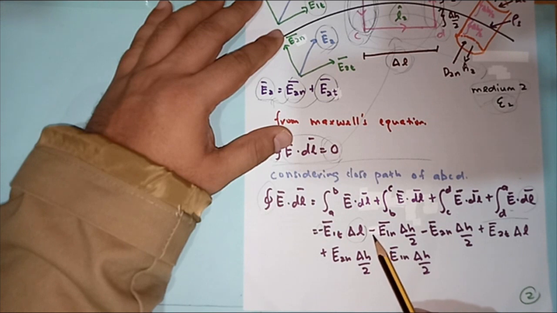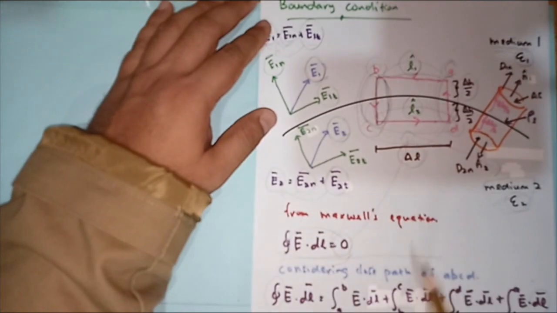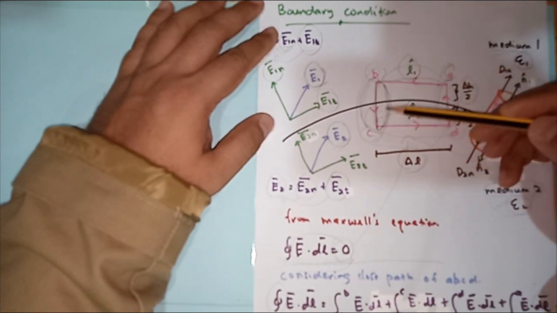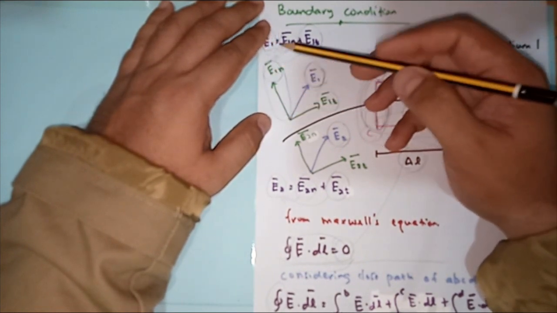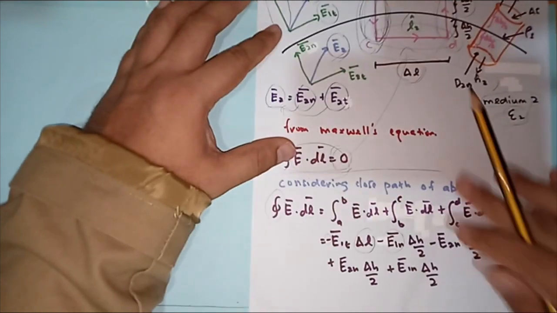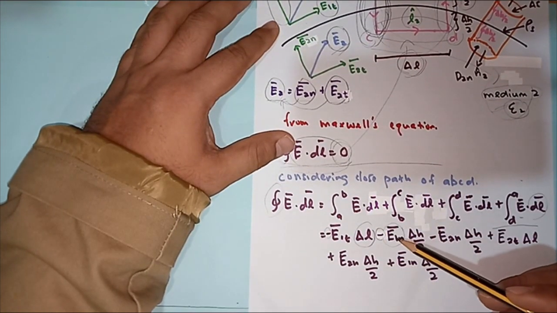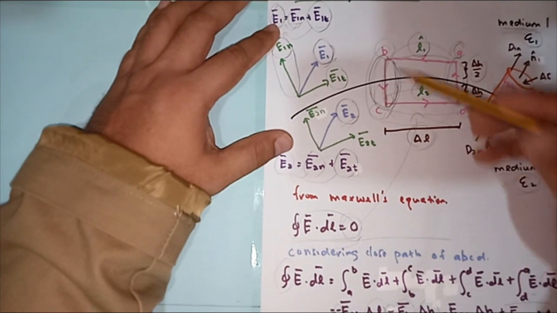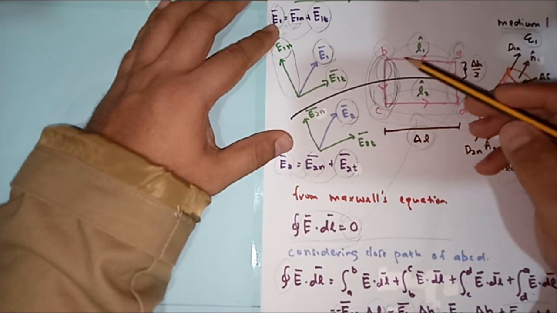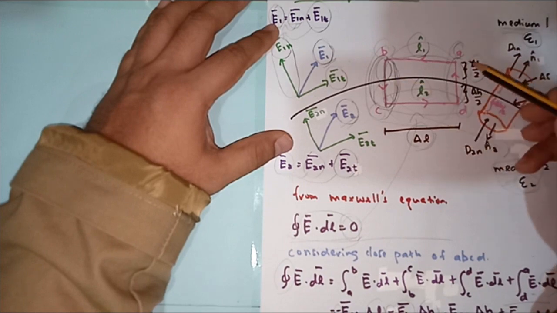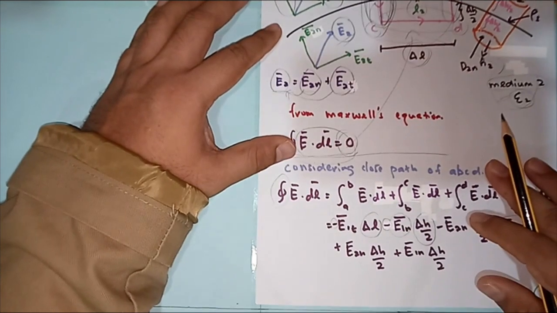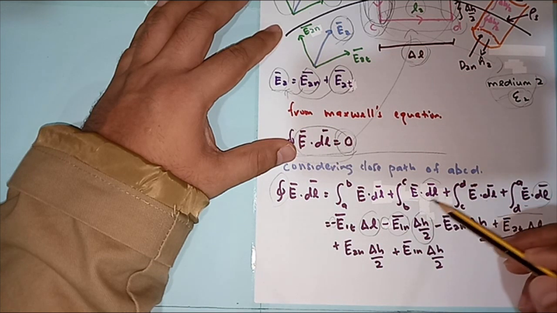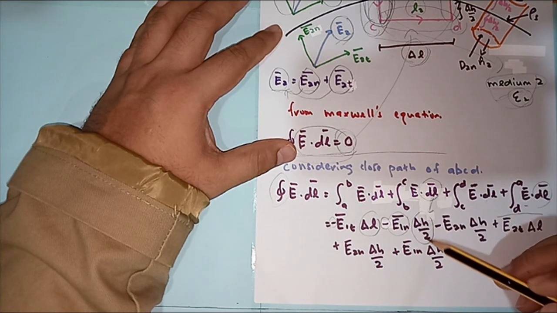The first is equal to minus E1n, the normal component of vector E1, because the direction of this line and the direction of the normal component are opposite to each other, so we have a negative E1n multiplied by the length of this line that exists in medium 1. We assume that this line is equal to delta H divided by 2, so in this particular case the length is delta H divided by 2.